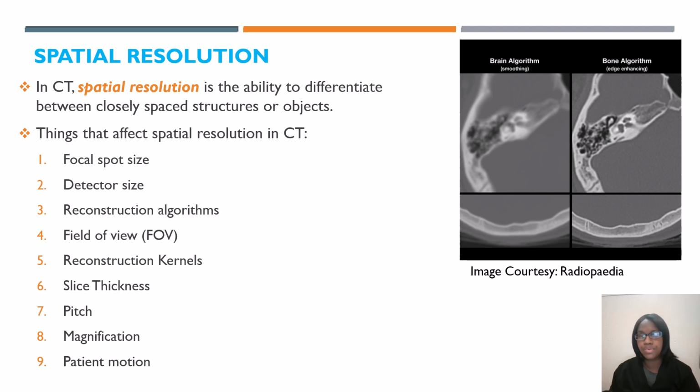But as you look over, you can see more of the ear, the inner canal area, better. So the things that affect spatial resolution in CT will be your focal spot size, your detector size, reconstruction algorithms, your field of view, your reconstruction kernels, slice thickness, pitch, magnification, and patient motion.